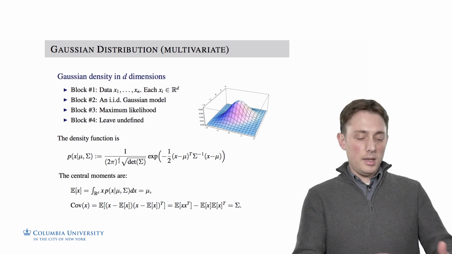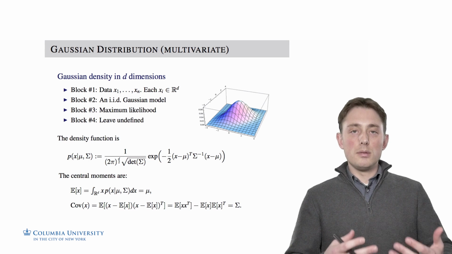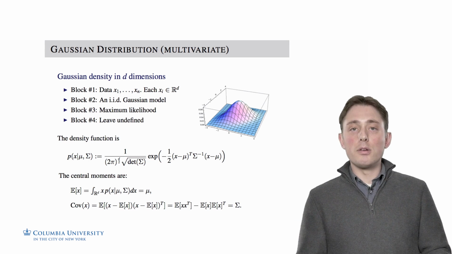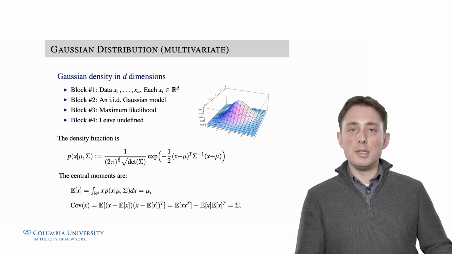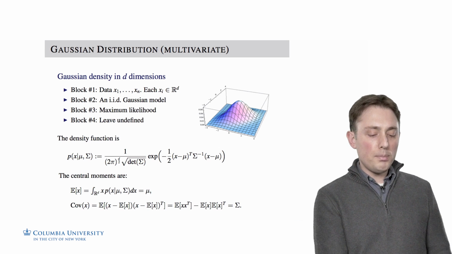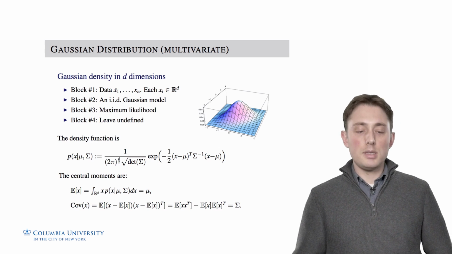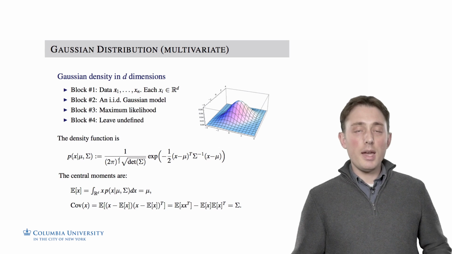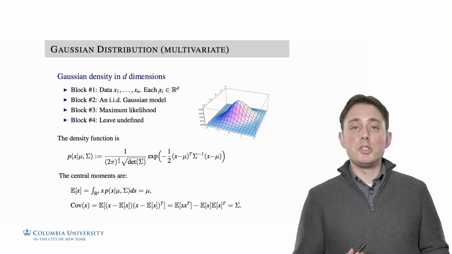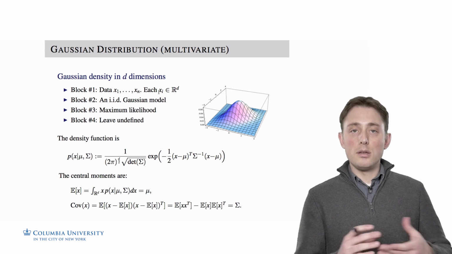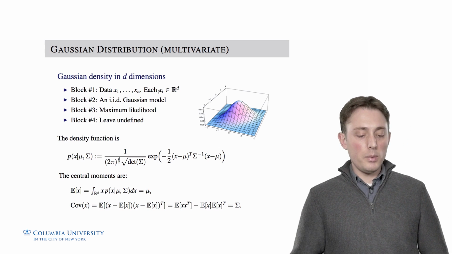Speaking in terms of the 4 blocks from the previous slide, this language won't be used in the remainder of the course, but for this specific lecture, I'll focus on the different blocks in this flowchart. With block 1 being the data, we assume that we have data points x1 through xn. We have n observations, and each observation is a d-dimensional vector that can take any value. So this is the data that we're dealing with.